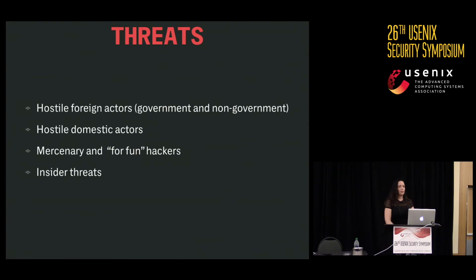And then, of course, there's your standard everything threat model, which is all of these groups, right? Hostile foreign actors, both government and non-government, hostile domestic actors, mostly government, mercenary and chaos monkey hackers who just want to see if they can get in, figure out what's going on, maybe release some stuff and humiliate you.